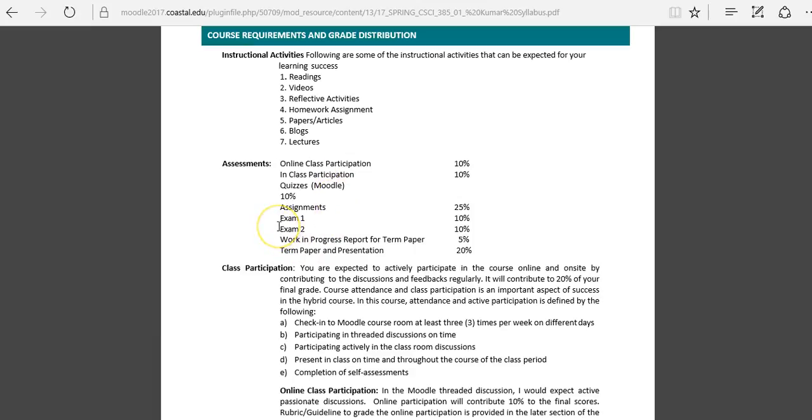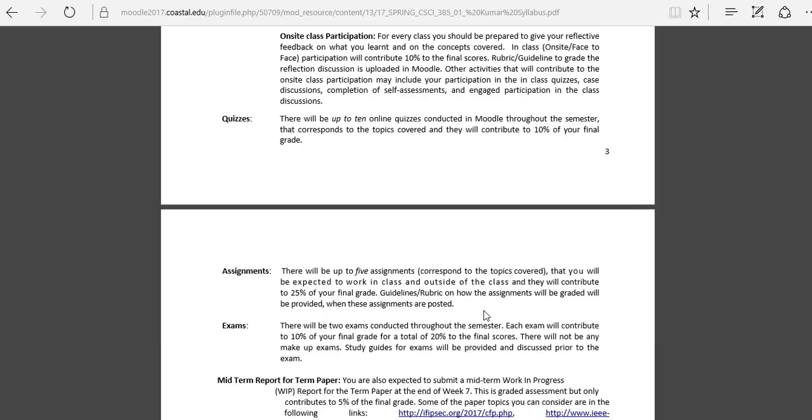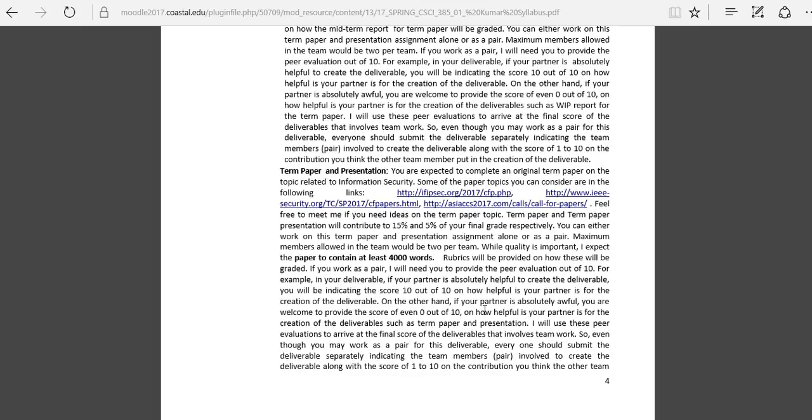And there will be 2 midterm exams, each contributing 10%. The term paper related deliverables will contribute 25% in total, with the work in progress report contributing 5%, and the term paper and the presentation contributing 20%.